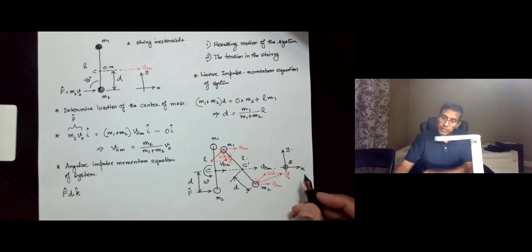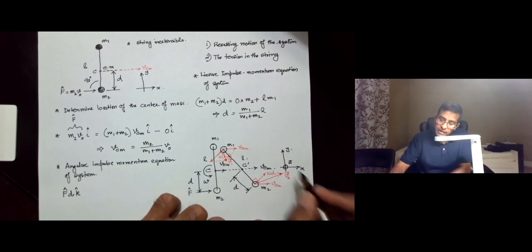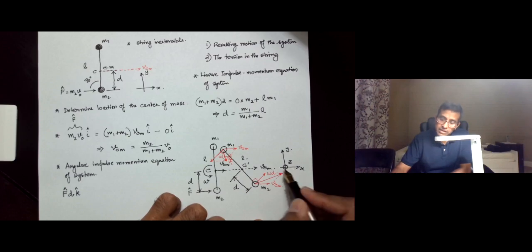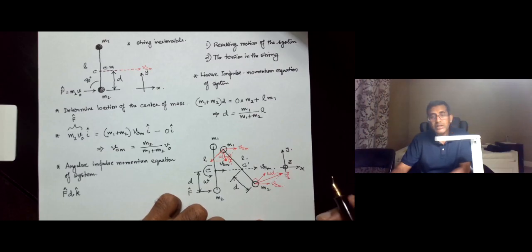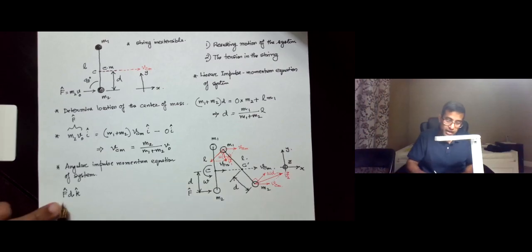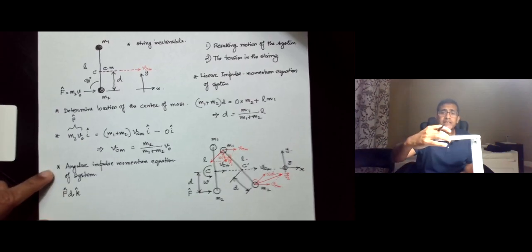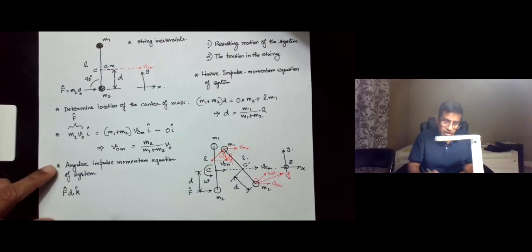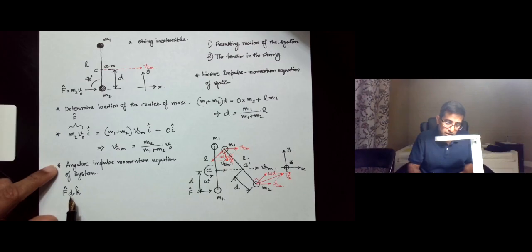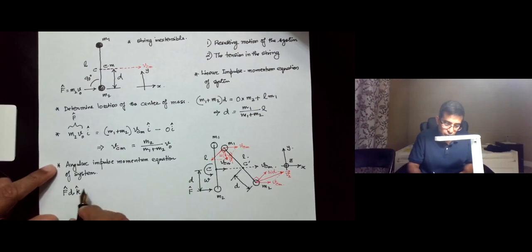Remember that we are saying that the unit vector i is in the direction of x, unit vector j is in the direction of y, and unit vector k is in the direction of z. So hence we have f hat d k as the angular impulse that is produced by this impulsive force about the center of mass.